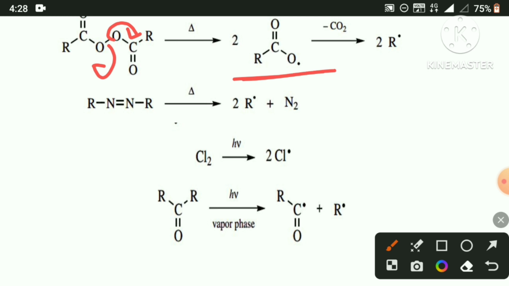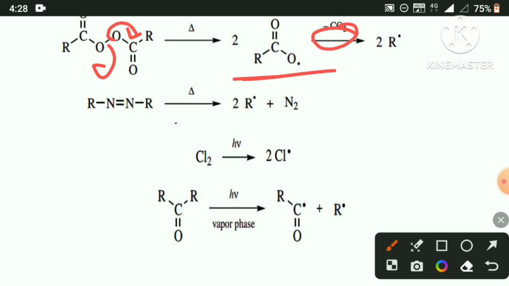After formation of this carboxylate radical, a carbon dioxide molecule is eliminated, then an alkyl radical is formed.